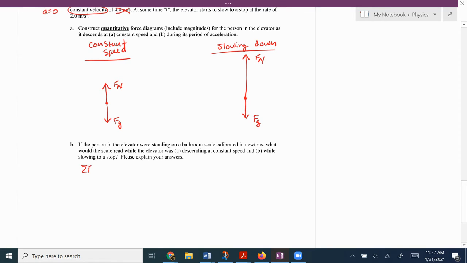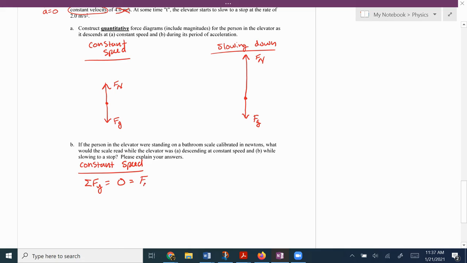Basically, to figure out what the scale read when the elevator was descending at a constant speed, we'll do the constant case first. If you're going at a constant speed, your net force is equal to 0.